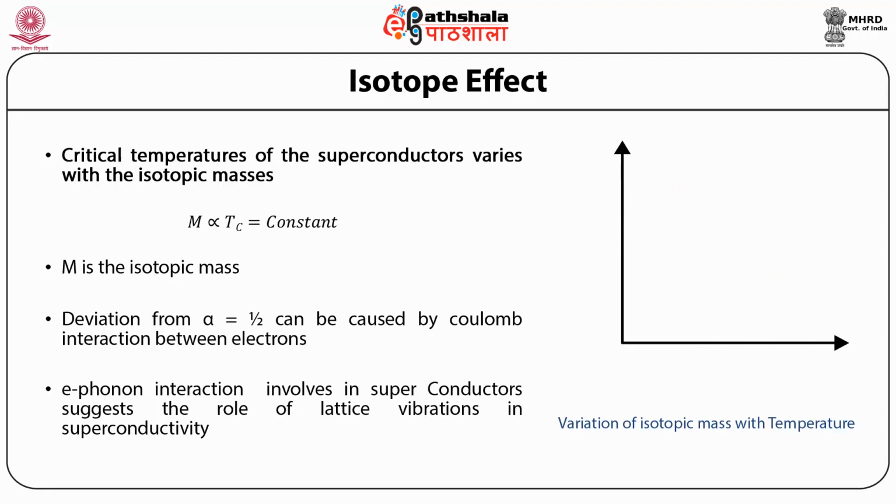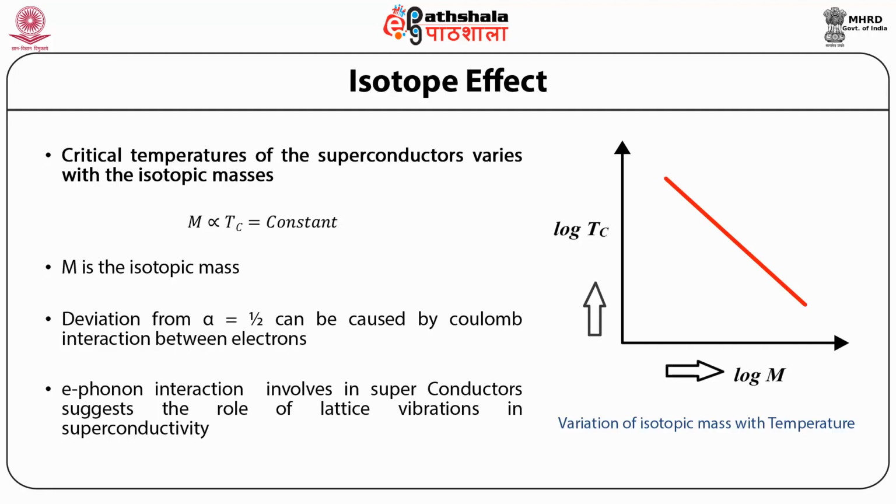In particular, Tc is proportional to M raised to the power minus half, or M to the alpha times Tc equals a constant, where alpha is minus half. For example, in mercury, Tc varies from 4.1 Kelvin to 4.146 Kelvin with variation of its average isotope mass from 199.5 to 203.4 atomic mass units.